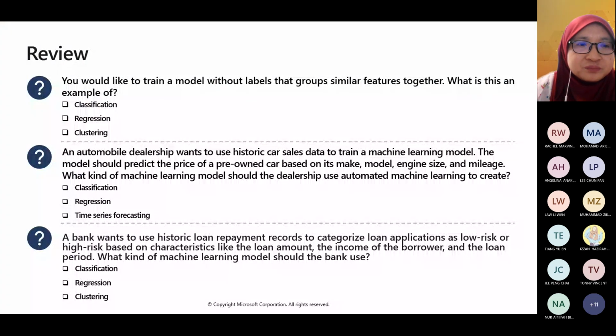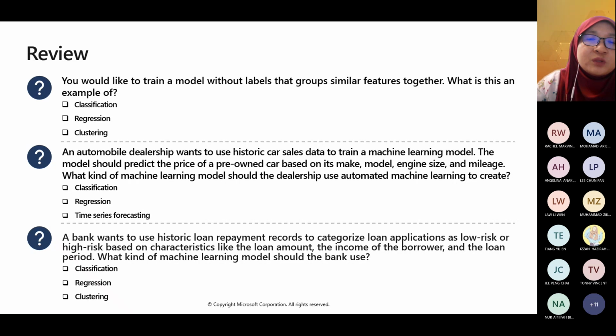And the next question. So an automobile dealership wants to use historical sales data to train machine learning model. So the model should predict the price of pre-owned car based on its make, its model, its engine size, mileage. So what kind of machine learning model should the dealership use for the automated machine learning to create?